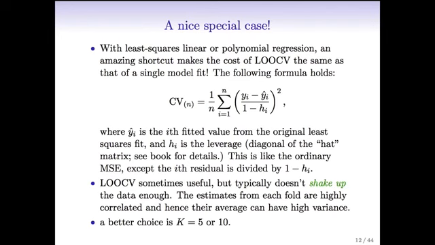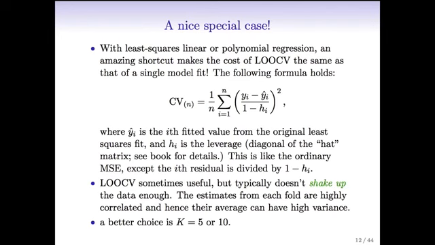They only differ by one observation. When you take the average, cross-validation takes the average of errors over the n folds, and in leave one out cross-validation the n folds look very similar to each other because the training sets are almost the same.